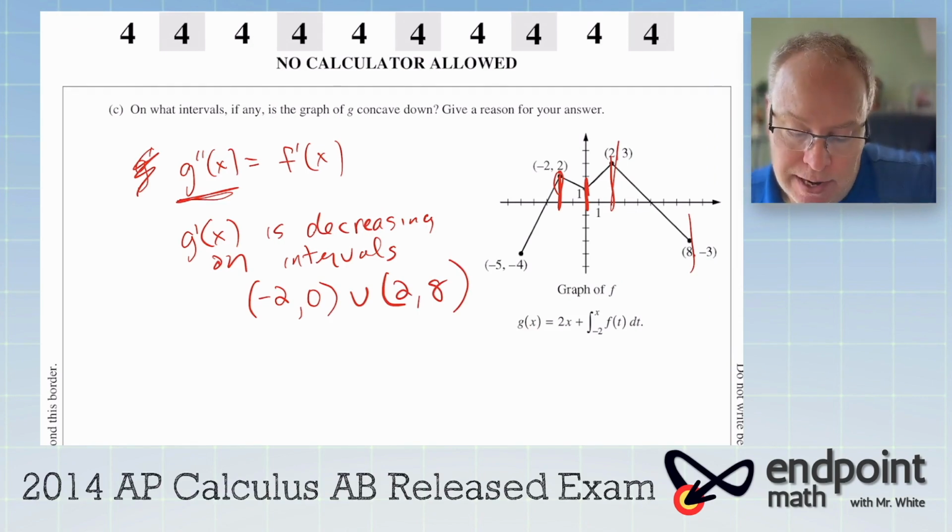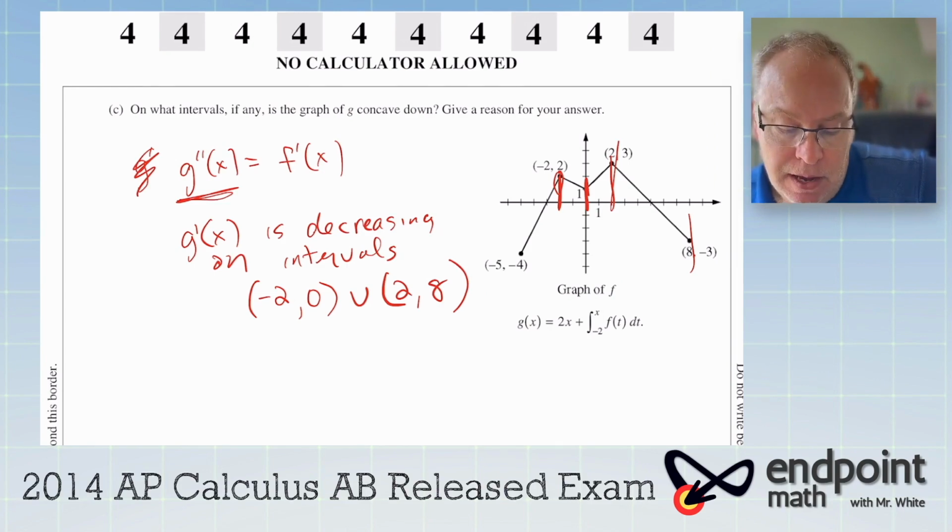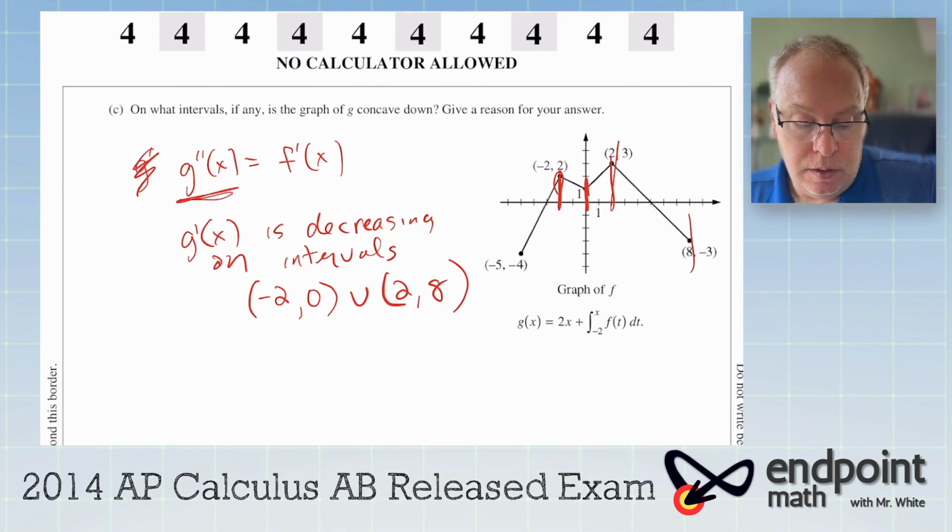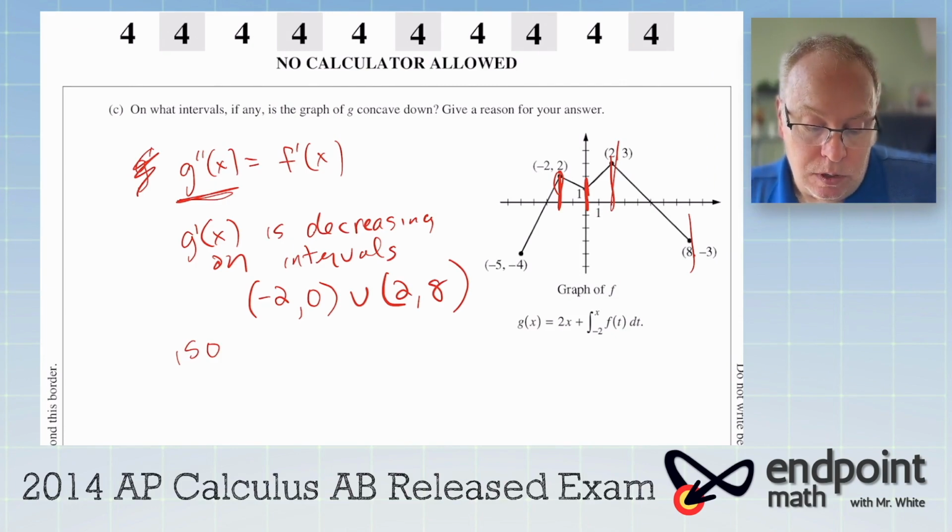Just check and make sure I got that right, and I did. And they also have here, make sure that you say your reasoning. G prime is decreasing on intervals. Okay, you could even say, so G is concave down. You don't have to say that, but all right.